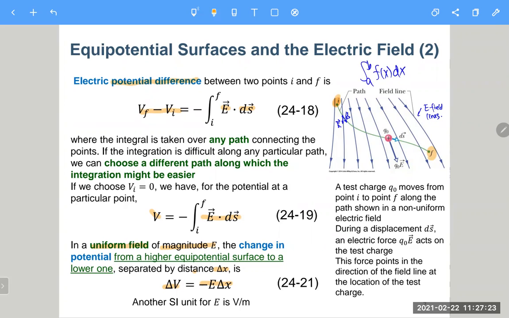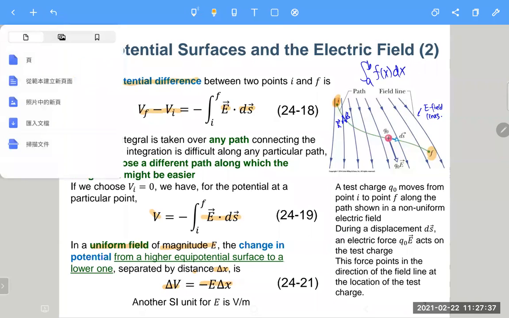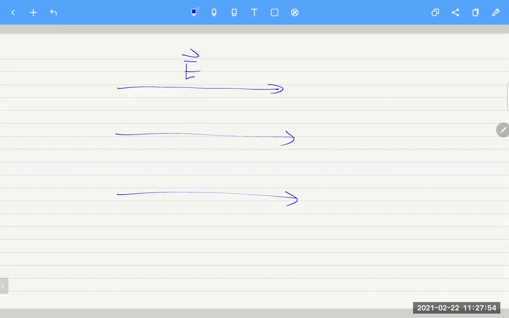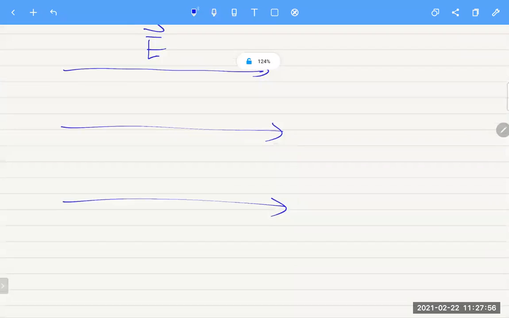Here we assume that E has the same direction, so we have a uniform E field pointing to the right side, maybe something like this.